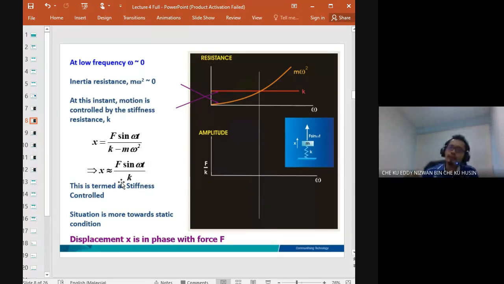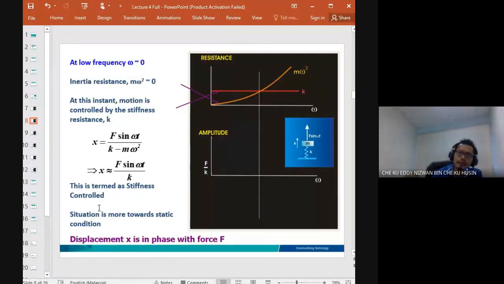Because the frequency is so low, the motion is very slow, so the inertial force doesn't have a significant value and the response is dominated by the stiffness. This is almost a static condition.